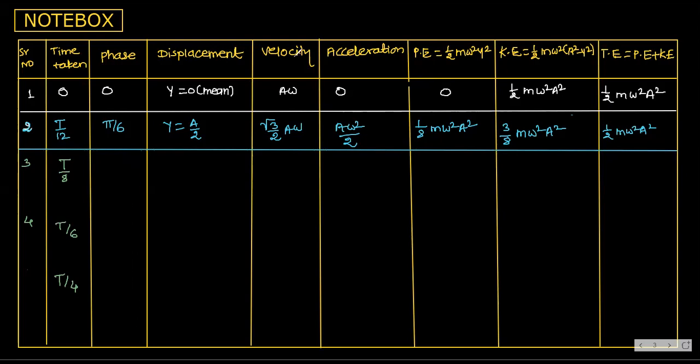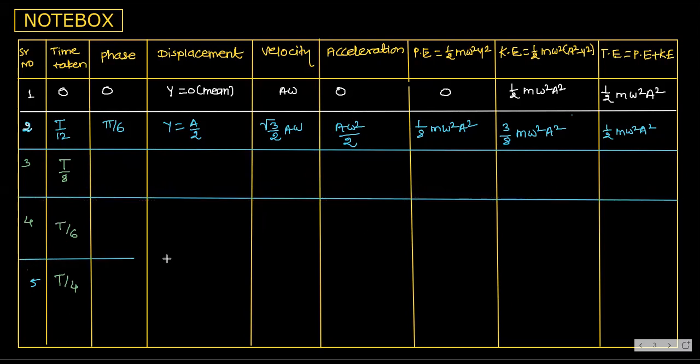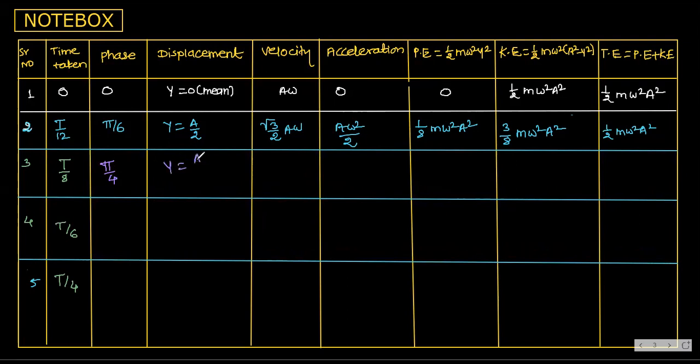These are the values you have to fill. Okay. So 3 by 8 means what you are getting here? 5 by 4. Then y is equal to a by root 2.